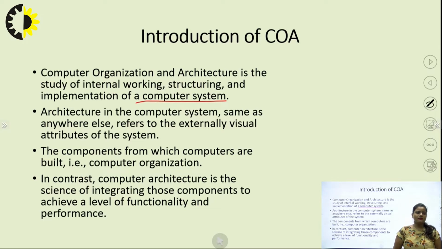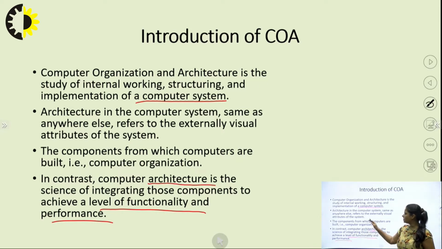Whenever we think about how the computer is built, that is the definition of computer organization. In contrast, computer architecture is the science of integrating those components to achieve a level of functionality and performance. Whenever we want to achieve functionality and performance from our computer system, we are considering the architecture.